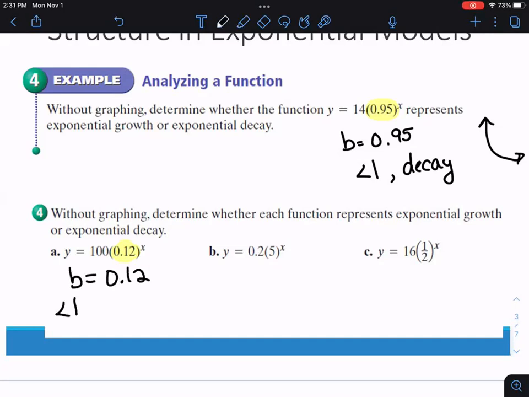That is less than 1, so this is a decay problem. For letter B, we have a B value of 5. Since that is greater than 1, this is a growth scenario.